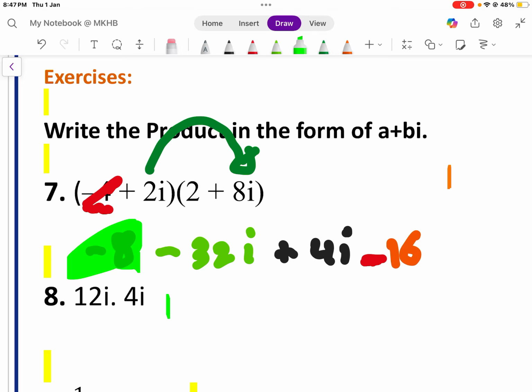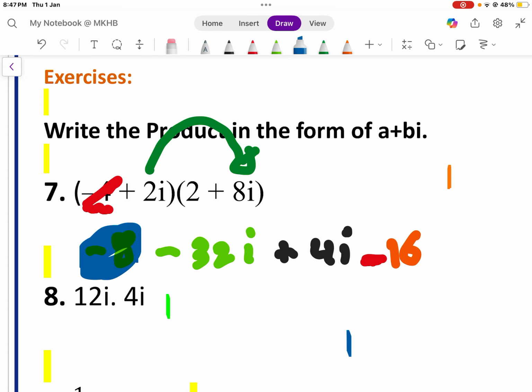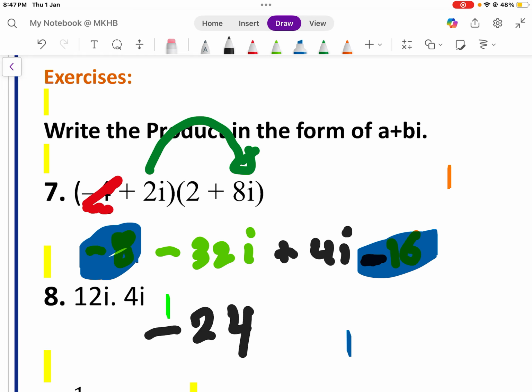Sorry for this technical mistake. I have to change this to this. So -8 with -16. So it is negative how much? Help me, I'm thinking. -24.